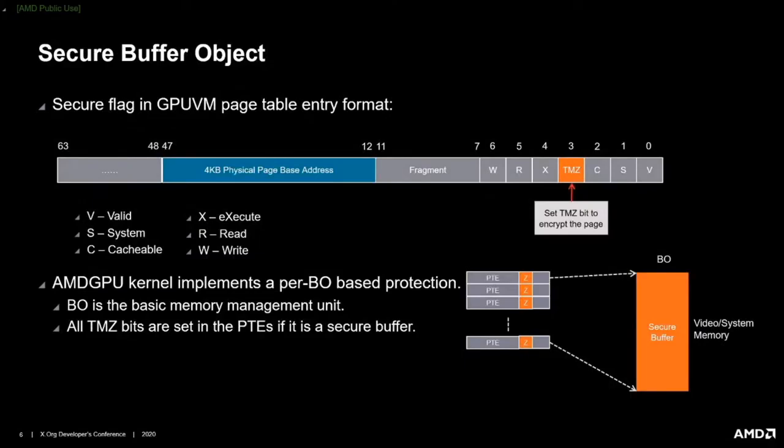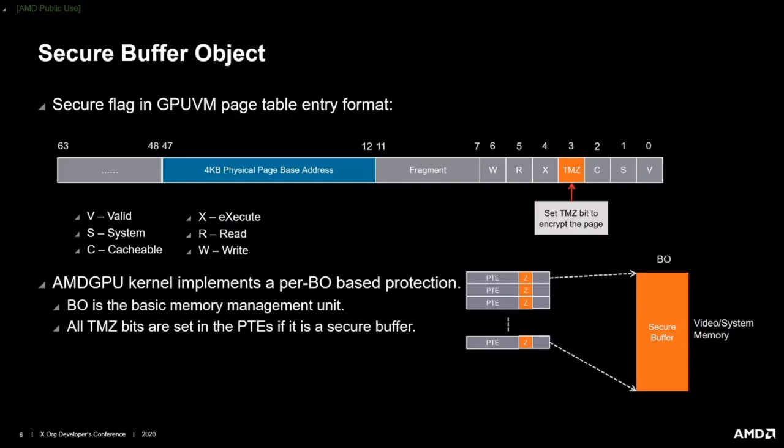Okay, let's go to the definition of the secret buffer object. AMD GPU supports 64-bit page table entries, and there are the page-based address, fragment, and the properties fields such as read, write, execute, and whether it is in system memory, and the cacheable and valid bits.